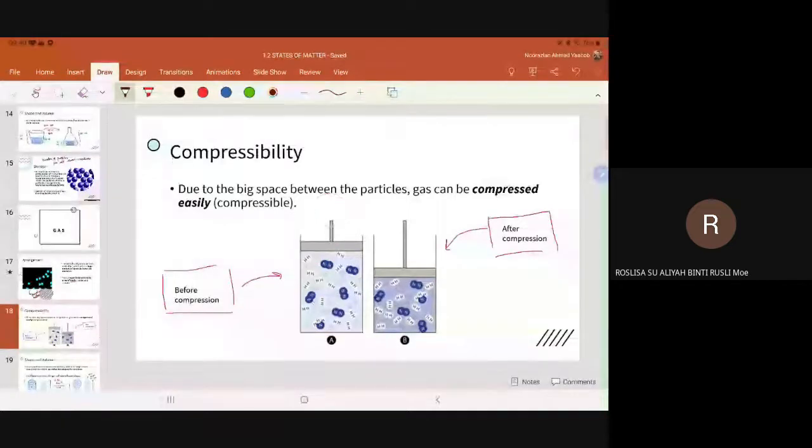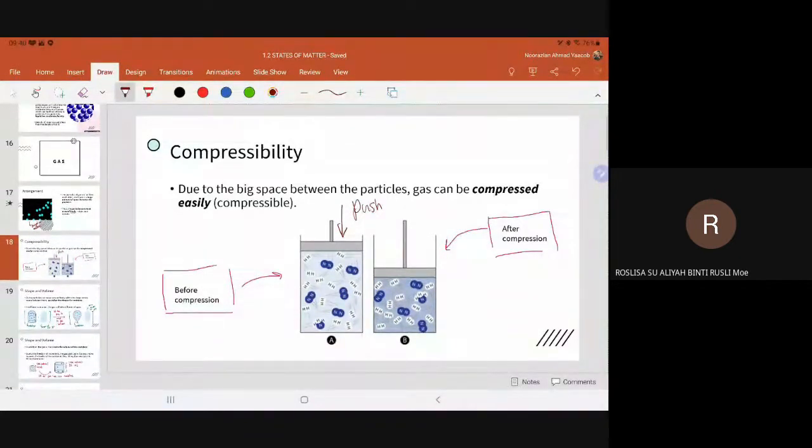And then bila kita tekan piston ni ke bawah, apa yang akan berlaku adalah dia akan turun bawah, dia akan isi ruang kosong dekat bawah ni. So dia boleh compress. So due to the big space between the particles, gas can be compressed easily. It is compressible. Okay. So kita boleh mampatkan gas. Liquid susah nak mampat.